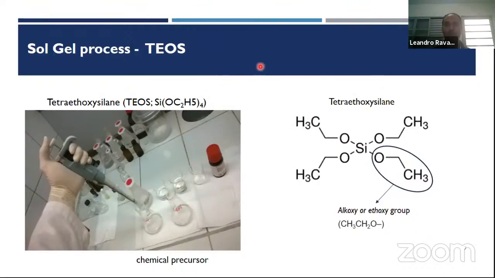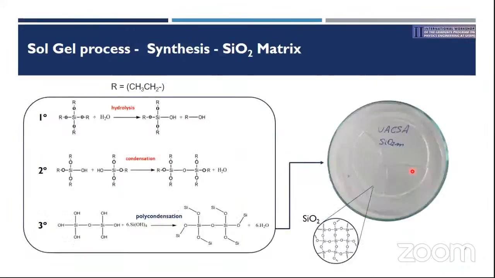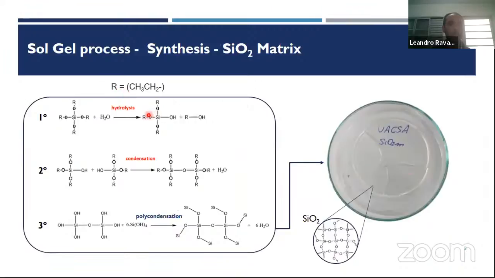And now I will talk about the process of obtaining the mesoporous silica matrix by the sol-gel process. The precursor of the synthesis reaction is tetraethylorthosilicate, as we can see here. You can see the silicon bonded with 4 ethoxy groups that will give us the mesoporous silica matrix through the reactions. After acidifying the medium, hydrolysis occurs, then condensation and polycondensation with water release.